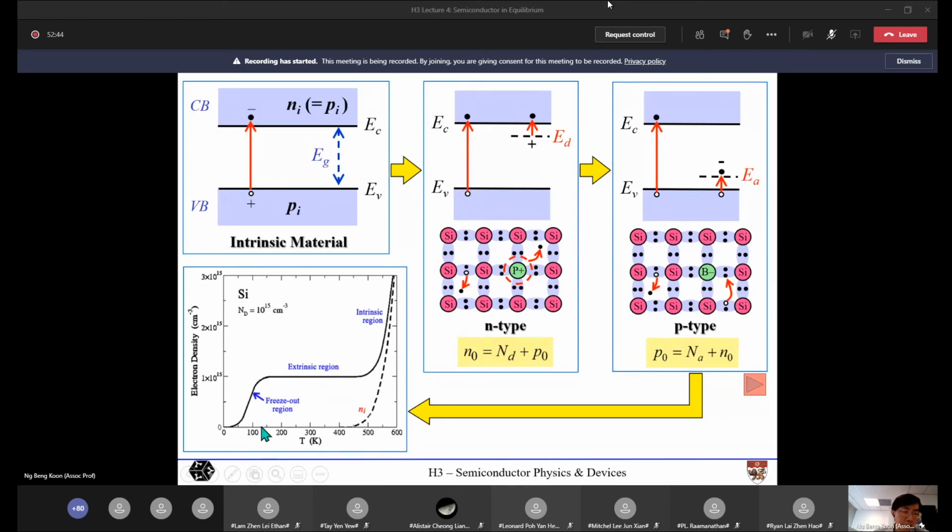So in the initial temperature range for silicon, like 0 to 150 Kelvin, the increase in your free carrier concentration, the electrons, is essentially due to the ionization of your dopants, right? Because the temperature is still relatively low, the band-to-band transition number is not very high because the barrier to overcome is very large.